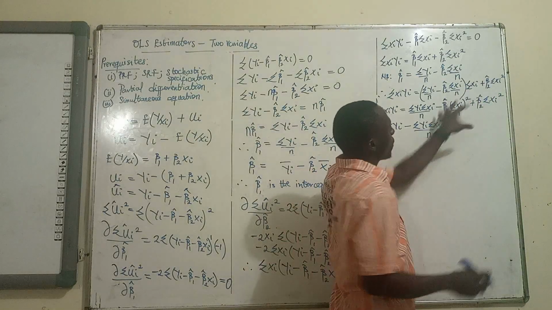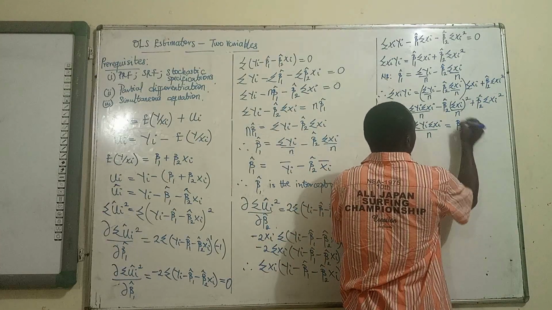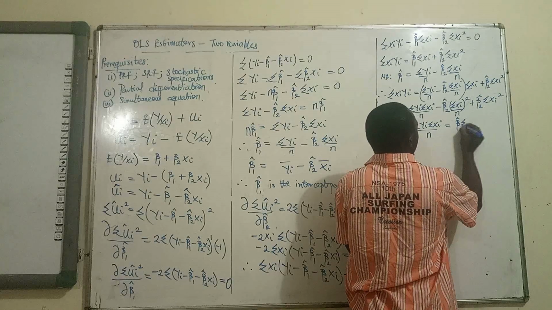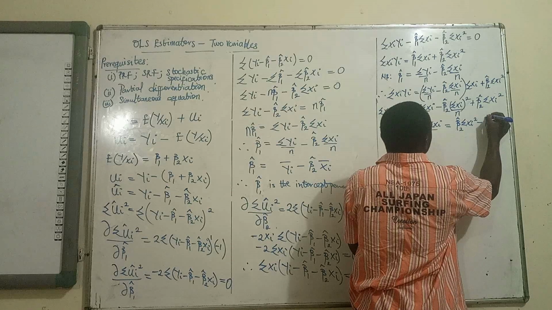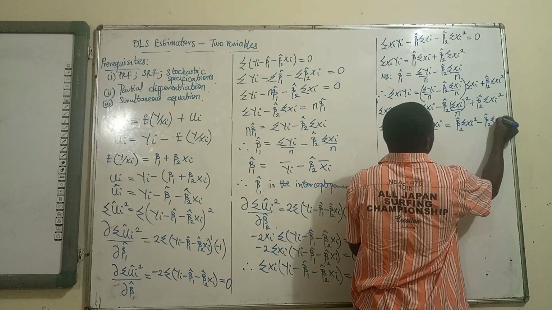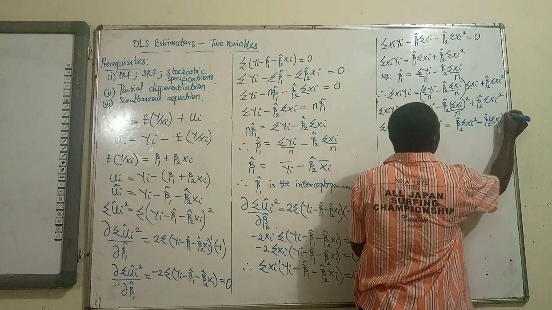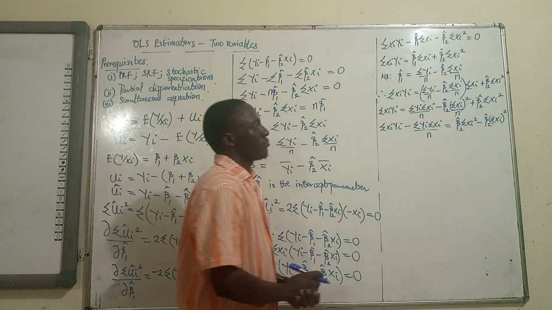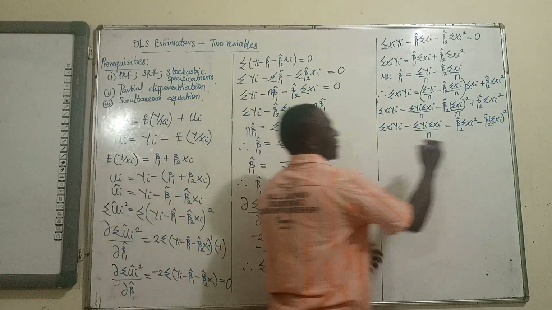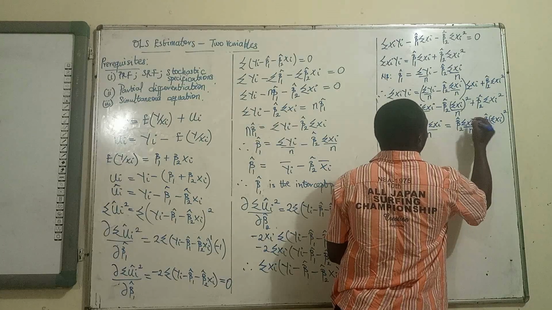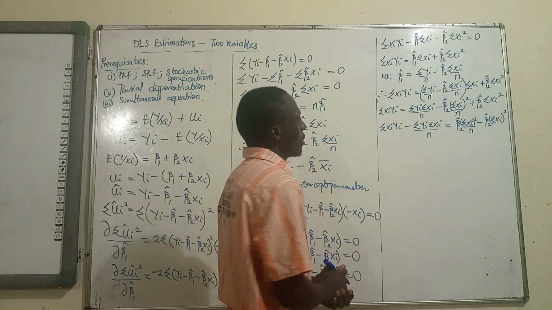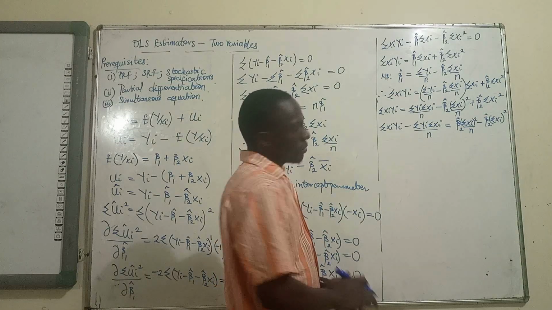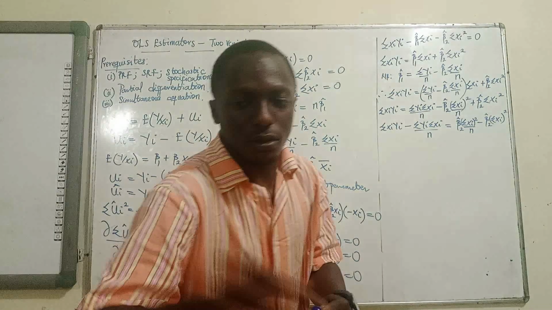I can bring this forward, and now beta 2 cap summation xi squared minus beta 2 cap summation xi all squared over n.